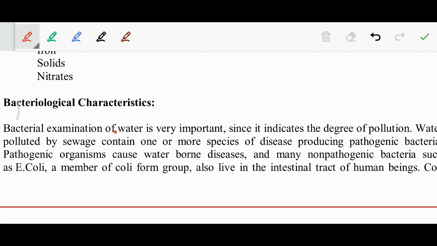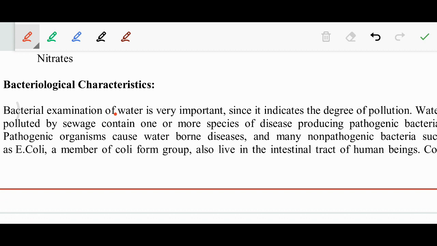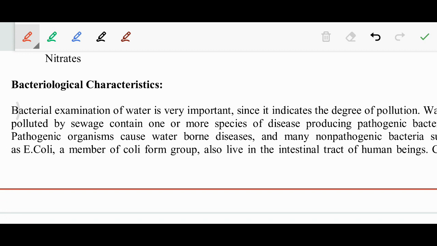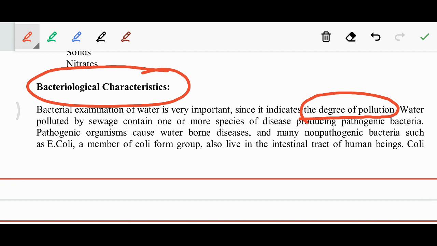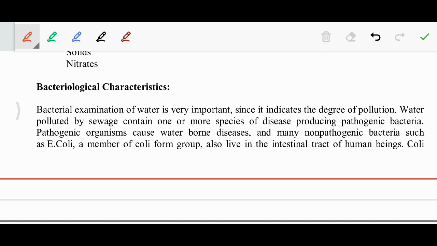Next, we have bacteriological characteristics. It is very important since it indicates the degree of pollution. If you know the bacteriological or biological characteristics, you can know the degree of pollution, right? Even if some fine suspended matter is removed, and acidity and alkalinity can be maintained, bacteria will still be present in water.